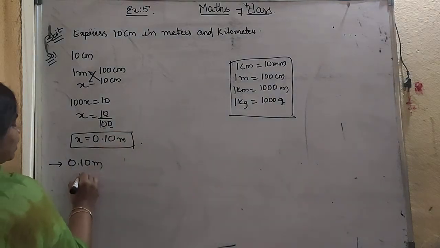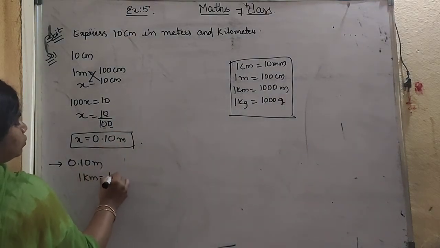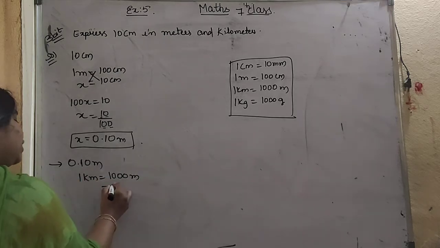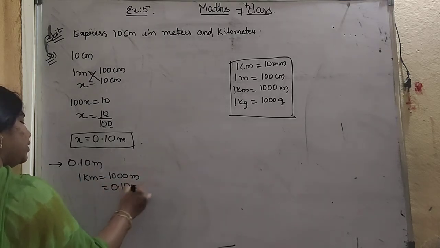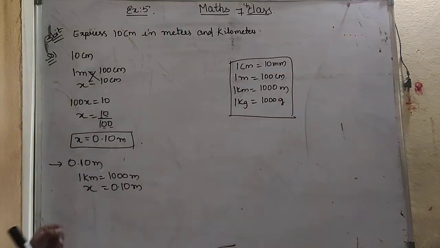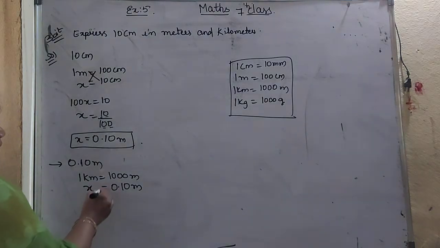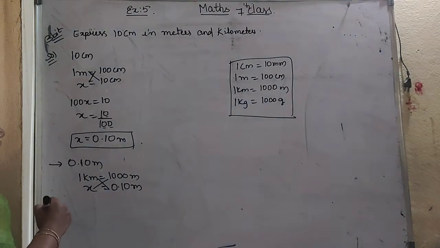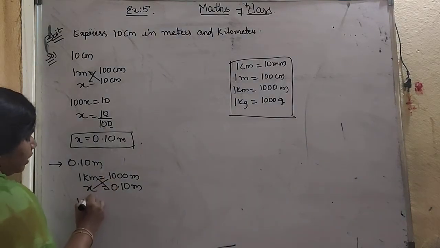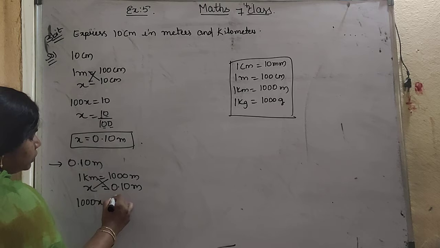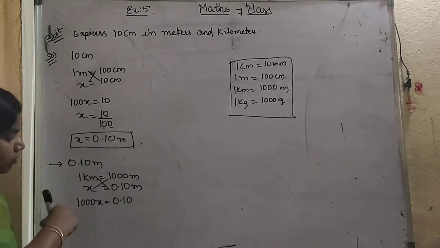We know that 1 kilometer is equal to 1000 meters. Now we have to find how many kilometers 0.10 meters is. So here we will do cross multiplication. After cross multiplication, it will be 1000x is equal to 0.10.